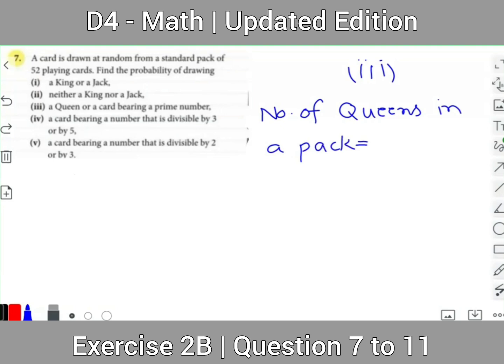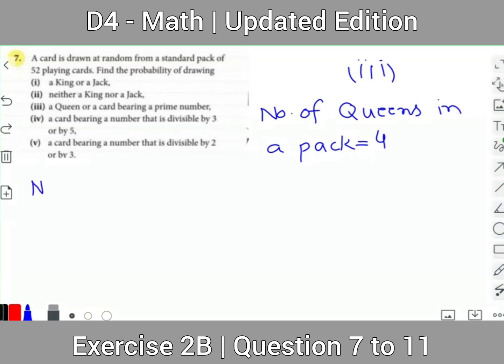Just because we have 4 suits in a standard pack of 52 playing cards, each suit has its own queen, and so the total number of queens in a pack is equal to 4. Now since we have numbers from ace to 10, the prime numbers are 2, 3, 5, and 7, and that is equal to 4.